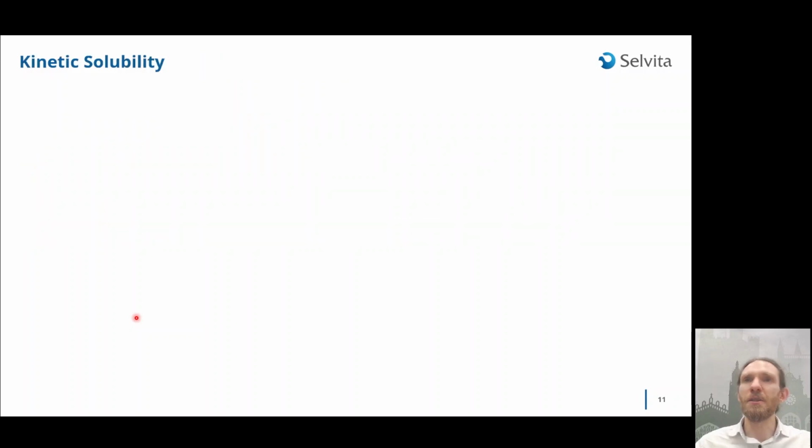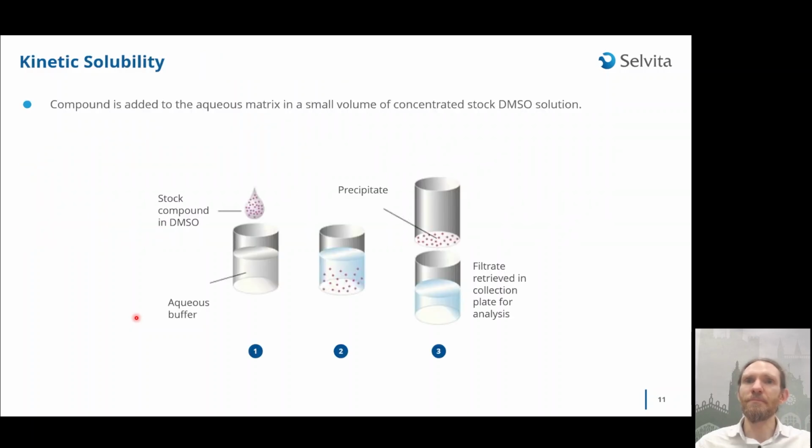Now let's move to kinetic solubility. Here, the compound is added to aqueous buffer in a small volume of a concentrated DMSO stock solution. Supposedly, the compound either dissolves or precipitates. And there are variations of the assay.